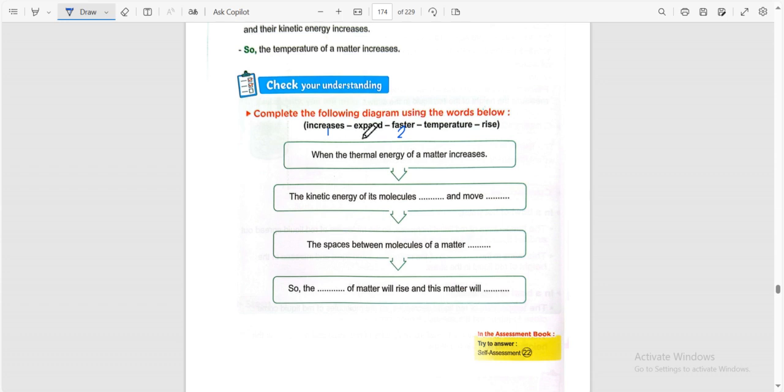The spaces expand. So the volume of matter will rise, the temperature will rise, and this matter will rise upwards. Okay? So this is the answer to this question.